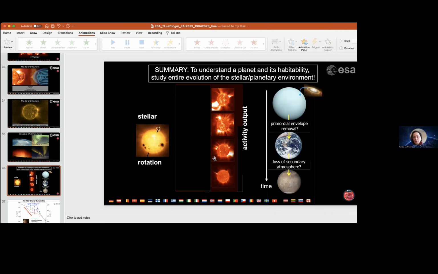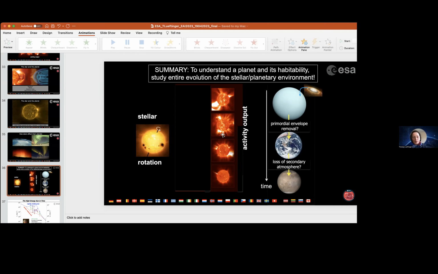So as I mentioned, different activity output is for sure very important for planetary evolution, but we do not really know yet which levels are ideal, or how it worked for the solar Earth system, because we do not really know how active the sun was in the past.